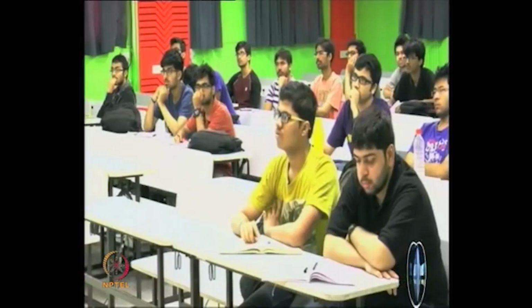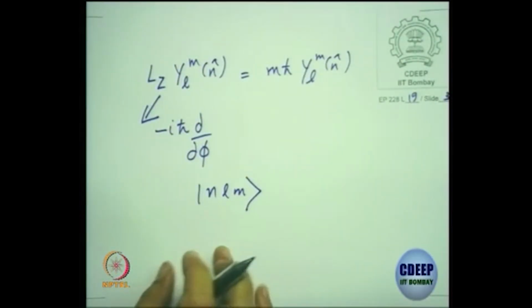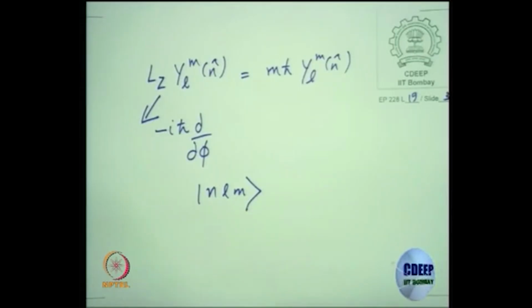If you are clear with this, then the rest of the Stern-Gerlach and all will be very, very smooth. You will understand it. They are all finite dimensional vector spaces. These NLM for a specific n: if you take a specific n, the LM degeneracy is n squared.